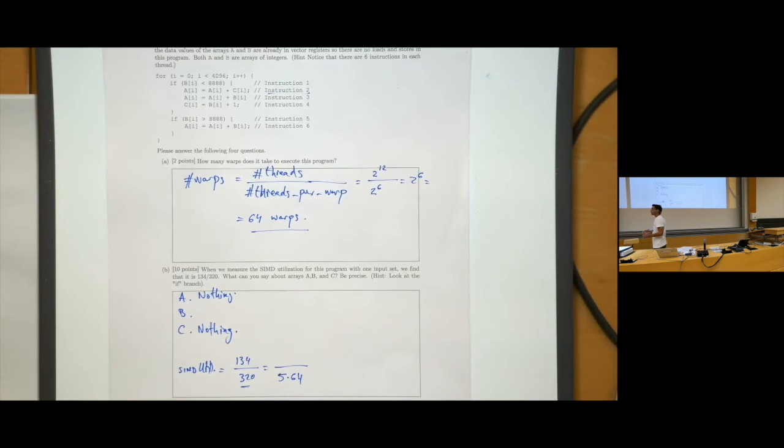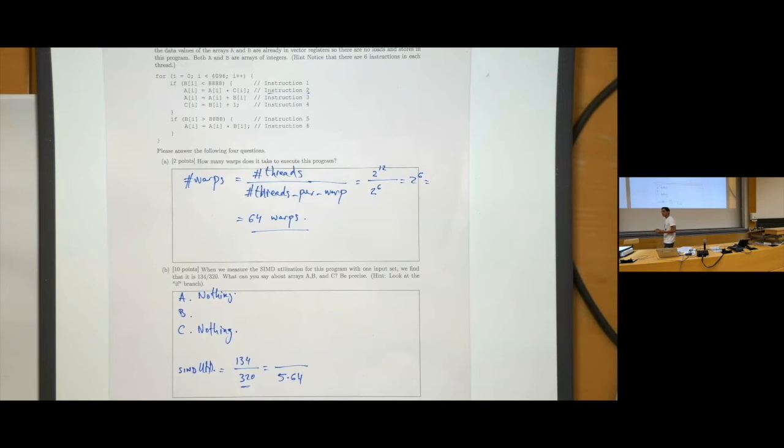Remember that when I calculate the SIMD utilization, what I have in the numerator is the number of operations that are really executed. For example, if one of these instructions is only executed by one thread in one warp, then the value in the numerator is 1. But if I have 64 threads in each warp, the maximum number of operations per warp and per instruction would be 64. So 320 is 5 times 64.